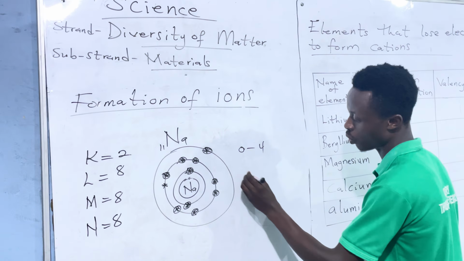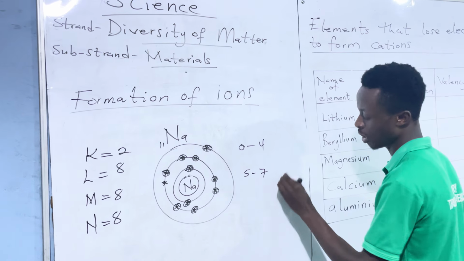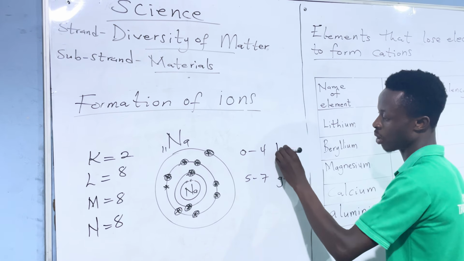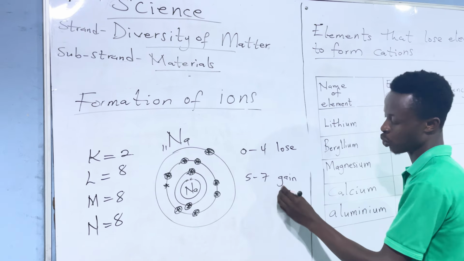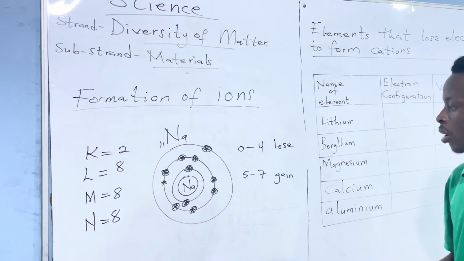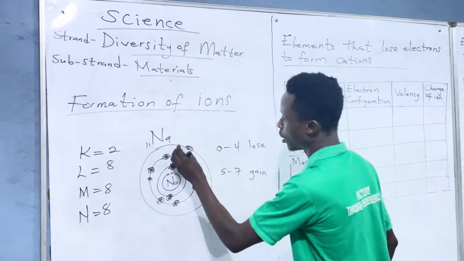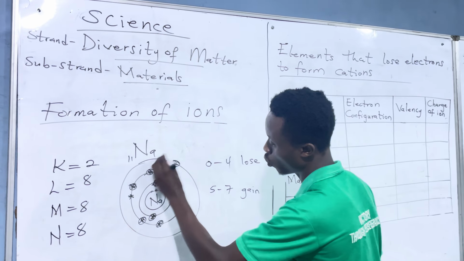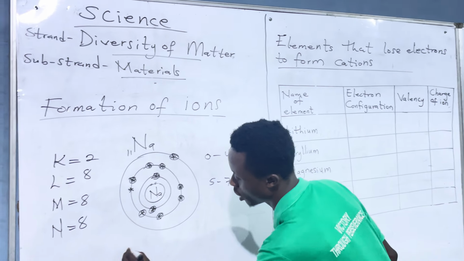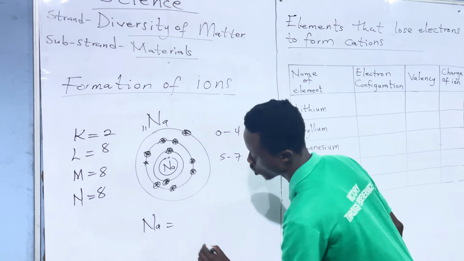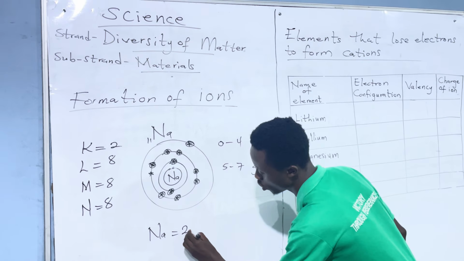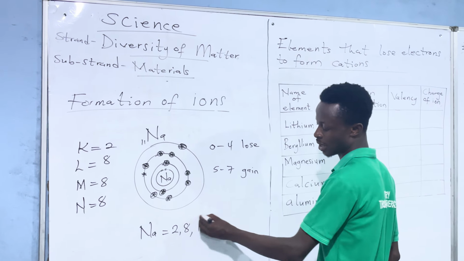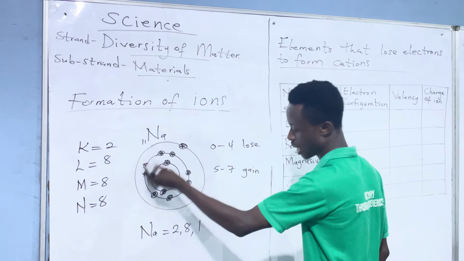But if it ranges from 5 to 7, it means that it's going to gain electrons. So this one will lose, this one will gain. In the outermost shell, this atom will lose this electron. The electronic configuration of sodium is 2, 8, 1. So it will lose this electron for it to be stable.